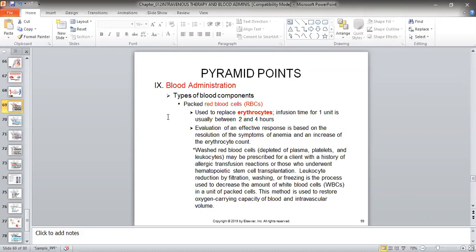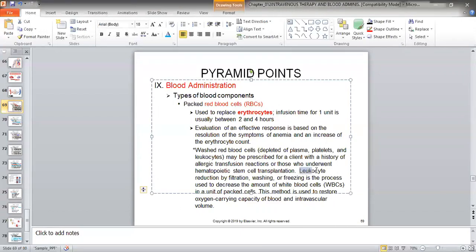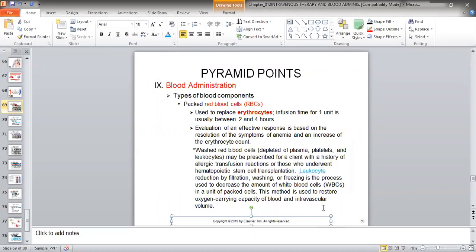As we discussed before, the types of blood components: red blood cell, white blood cell, and platelet. So red blood cell, the other name is erythrocyte, and white blood cell, the other name is leukocyte, right? Leukocyte, yeah. Or WBC, right?